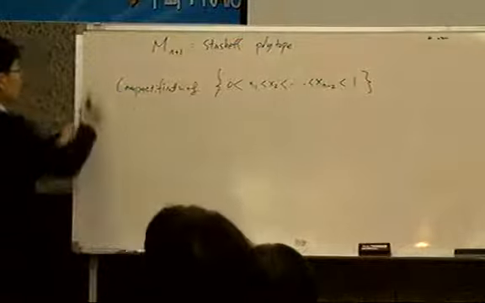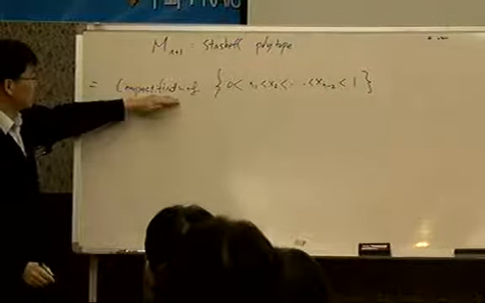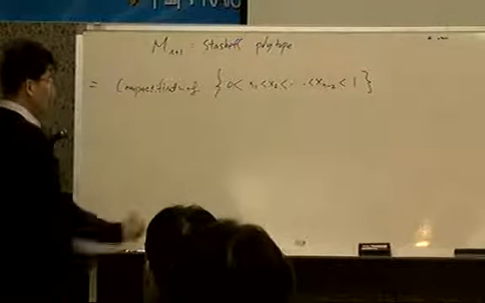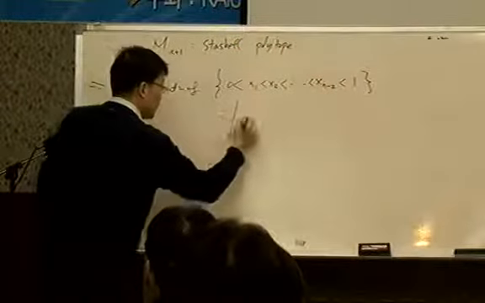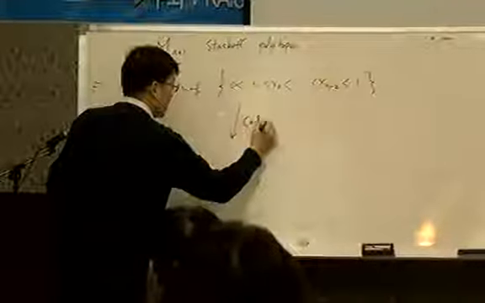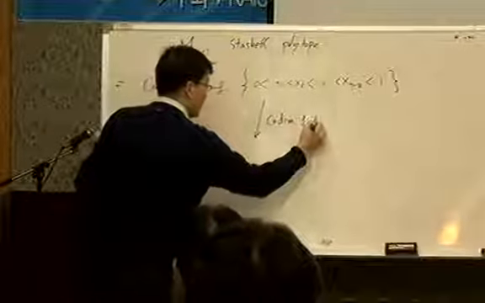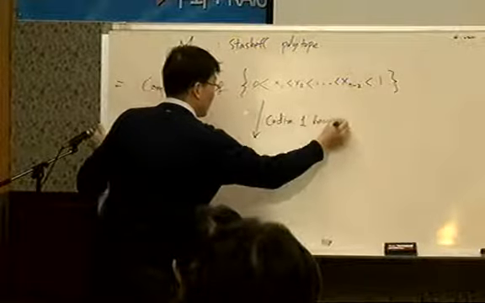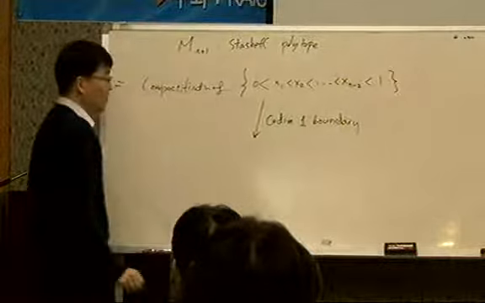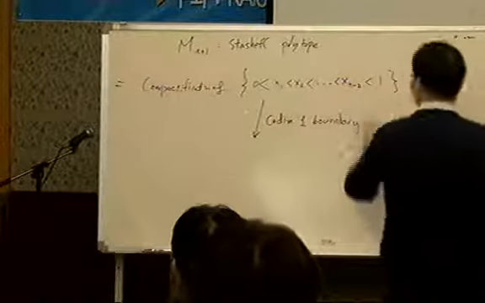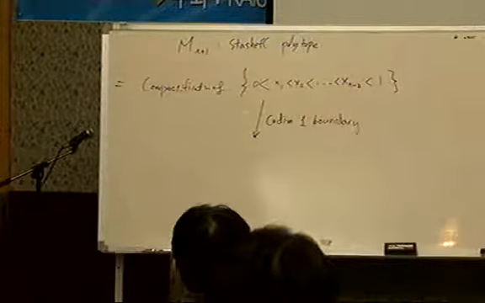Okay, so you can think of this as this compactification. And if you think, what is the codimension 1 boundary of this moduli space? Now this will be some kind of polytope, something like this. Now we want to consider what is this face?